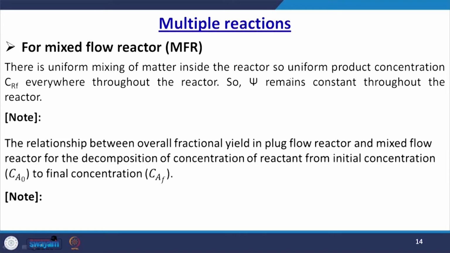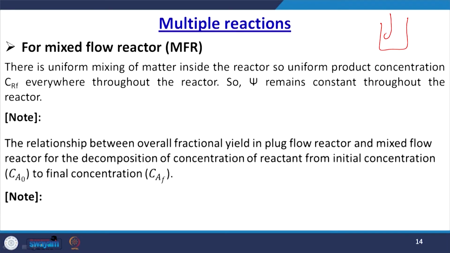Now, let us have a look at the mixed flow reactor. There is a uniform mixing of the matter inside the reactor. So, you may experience the uniform product concentration CRF everywhere throughout the reactor.